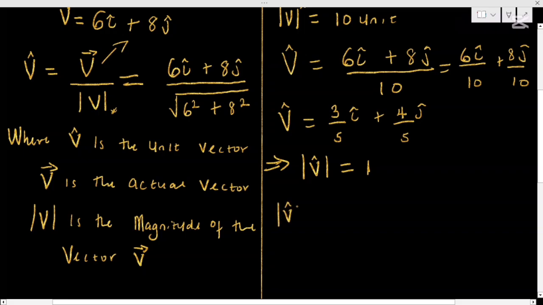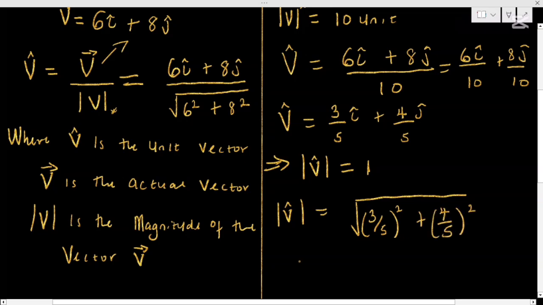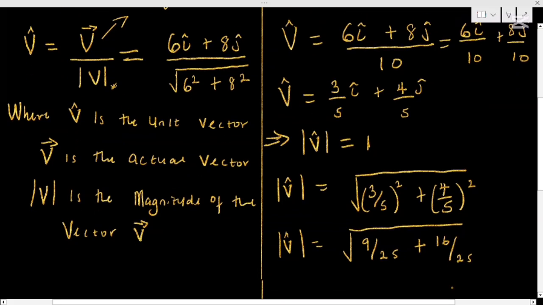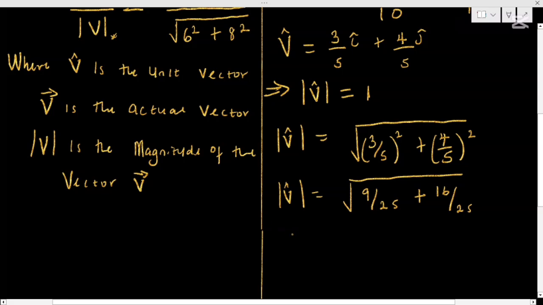So the magnitude of vector v will give us 3 over 5 all squared plus 4 over 5 squared. So this will become 9 over 25 plus 16 over 25, right? So when we take the LCM is still 25, right?